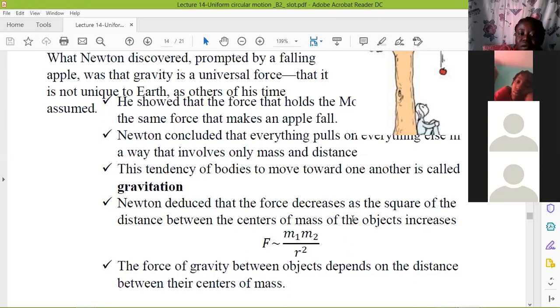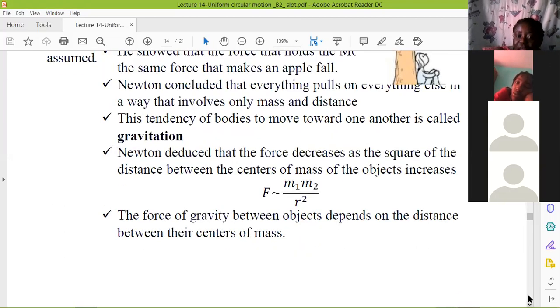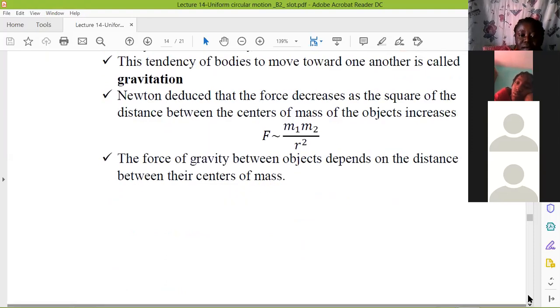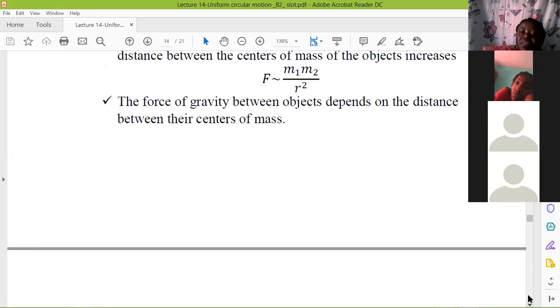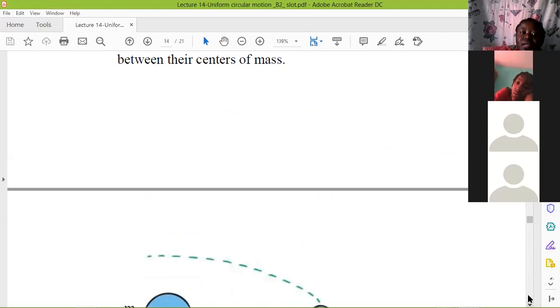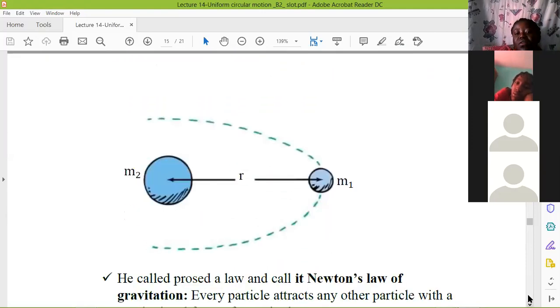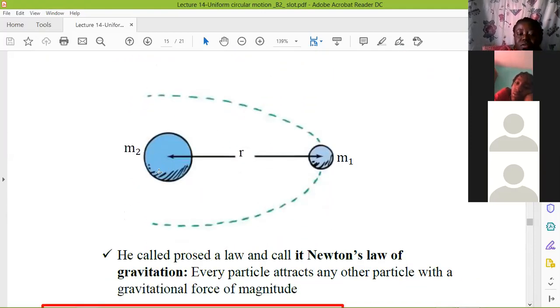So the force is equal to G times the mass of one object times the mass of another object, divided by the radius squared. The force of gravity between them depends on their distance and on their masses.